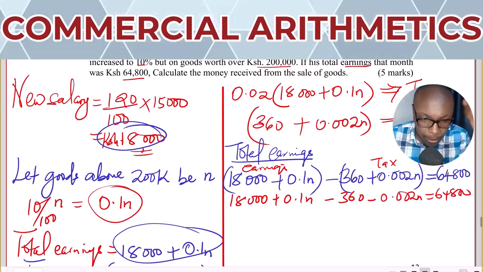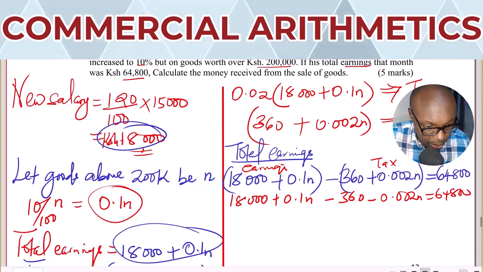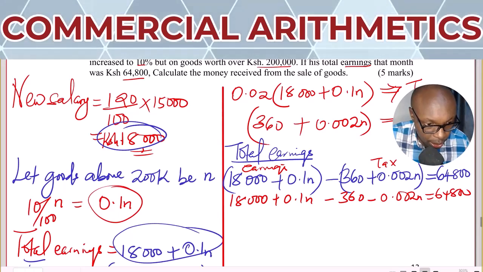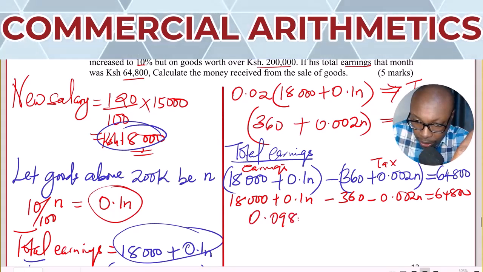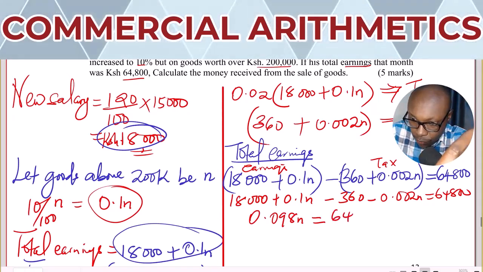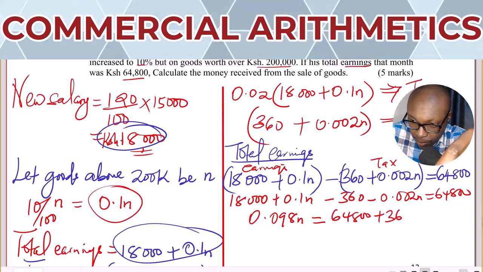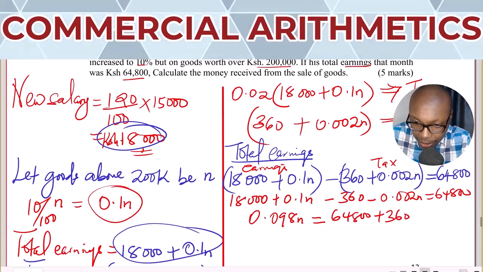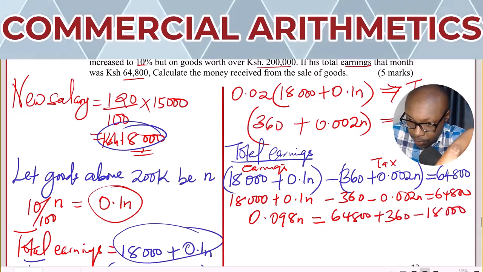From there, let me collect the N. 0.1 subtract 0.002 will give us 0.098N is equal to 64,800. Take 360 to the right-hand side, you get plus 360. Remember, we are making N the subject, and then subtract 18,000.